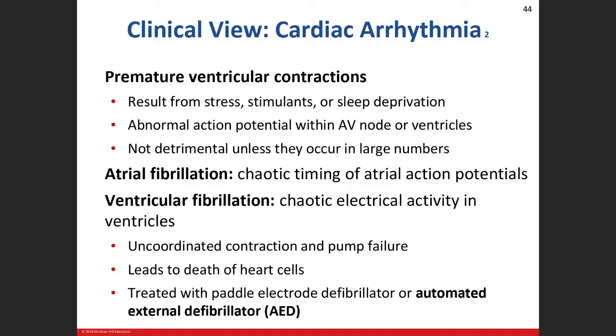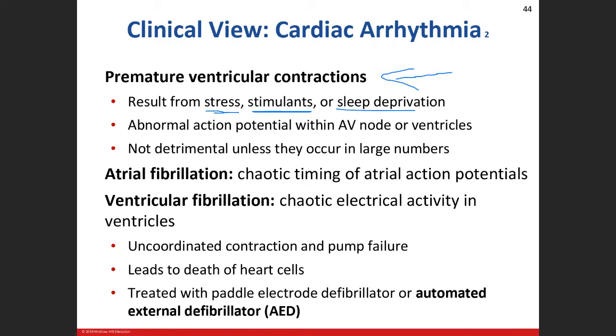So we'll see a lot when we get stimulants, nicotine, caffeine. Check this out: stress, sleep deprivation. I think that includes every single one of us in here. At one point, I'm sure we've all had, possibly, premature ventricular contractions.